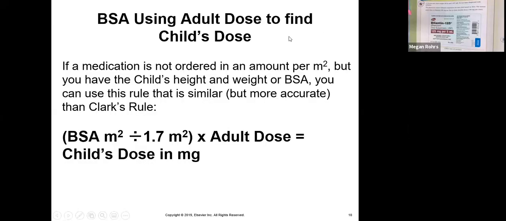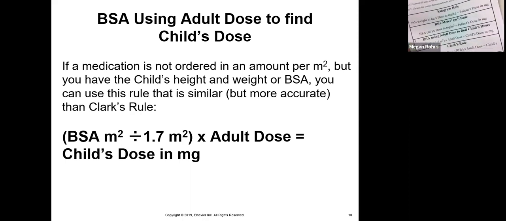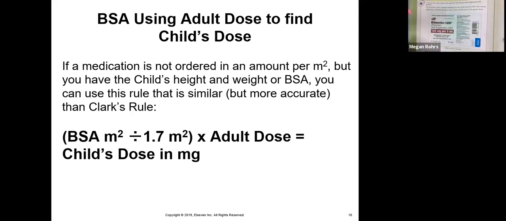Okay, so another rule that we have for BSA. If we do not have an amount per meter squared, so if they don't give us the dose in milligrams per meter squared, but we have either the child's height and weight, or we already have their BSA, and we have the adult dose, we can use this rule to figure out their dose in milligrams.